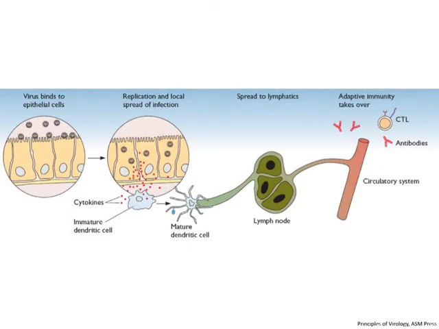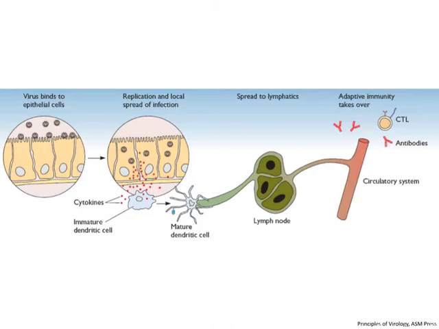Now, last time we finished with this image of an infected mucosal layer. So you remember, mucosal layers are the most common portals of virus entry: respiratory tract, alimentary tract, etc. We have some viruses infecting epithelial cells. These cells are producing cytokines because the viruses have been sensed by the cells.